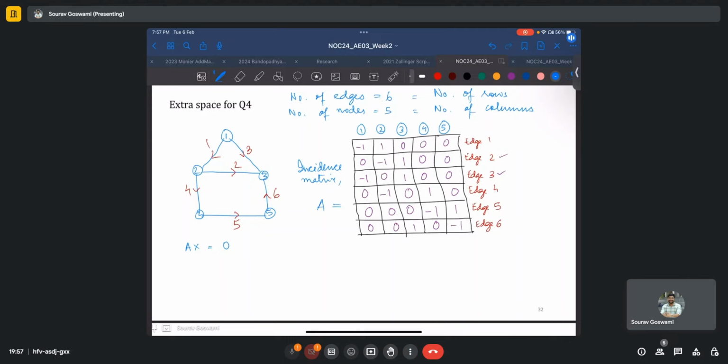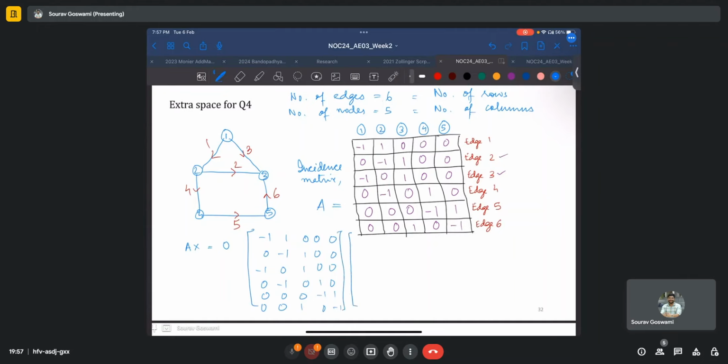So I will have rows -1, 1, 0, 0, 0; 0, -1, 1, 0, 0; -1, 0, 1, 0, 0; 0, -1, 0, 1, 0; 0, 0, 0, -1, 1; and 0, 0, 1, 0, -1.